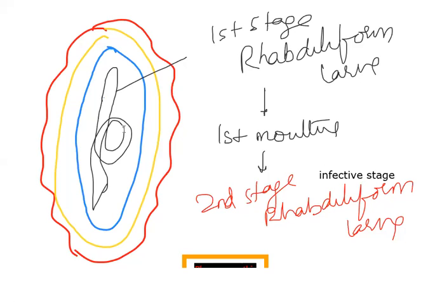The second stage rhabditiform larva in the eggshell can wait for a human being on moist soil for 6 years, and in this stage it enters the human being through contaminated food and water.